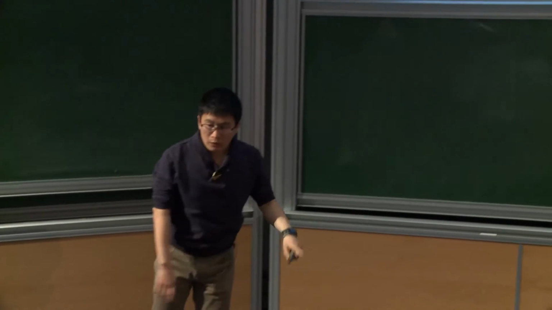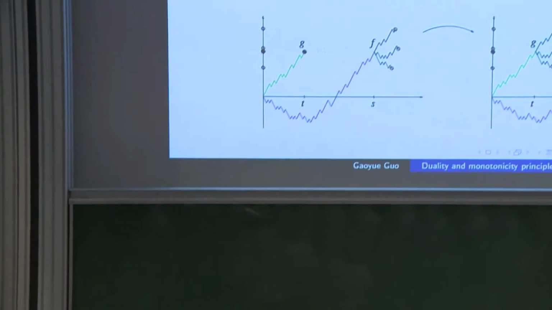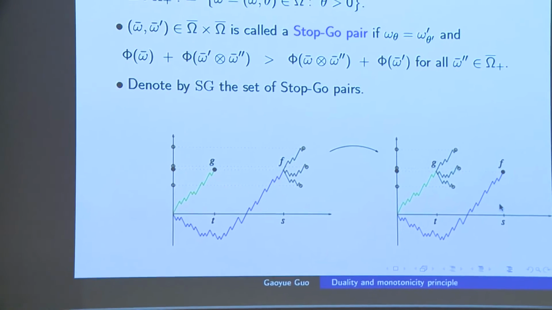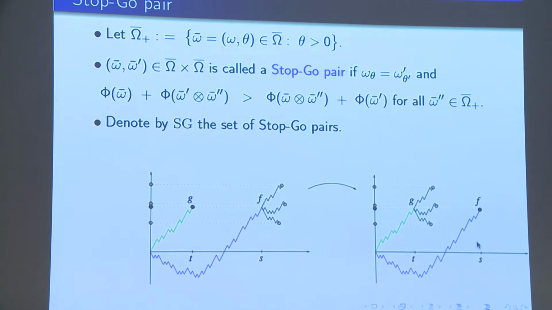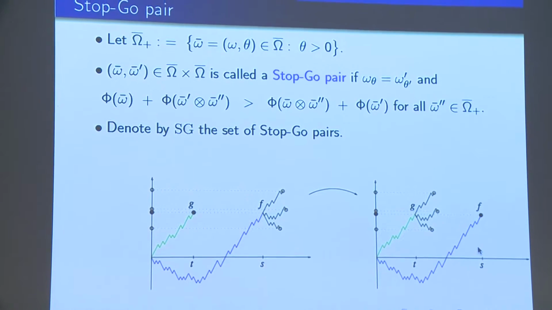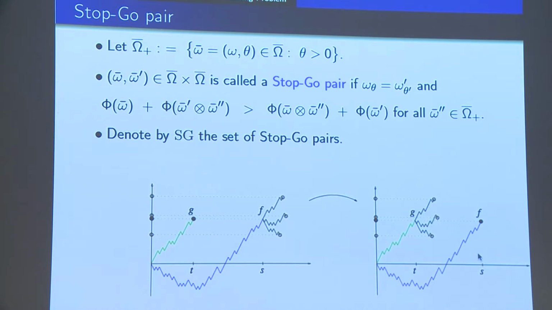Okay, to describe the monotonicity principle, we need the definition of the so-called stop-go pair. So, what is the stop-go pair?